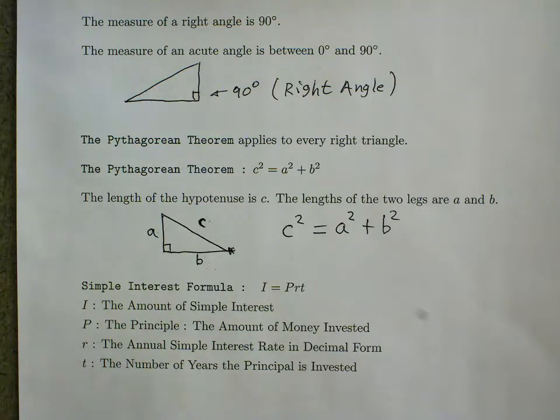You'll see an example of that a little bit later. And then T represents the number of years that the principal is invested. Since R is the annual interest rate, it makes sense that the amount of time is measured in years. Annual refers to yearly.